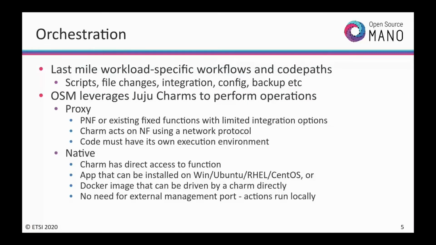In the case of, say, physical network functions, where we don't have the ability to change the software and we can't inject software into it at runtime, we still need to be able to run our code and make changes to it over its exposed API. So we're going to be operating on this by proxy. OSM is going to reach out to that network function and configure it over a network connection.